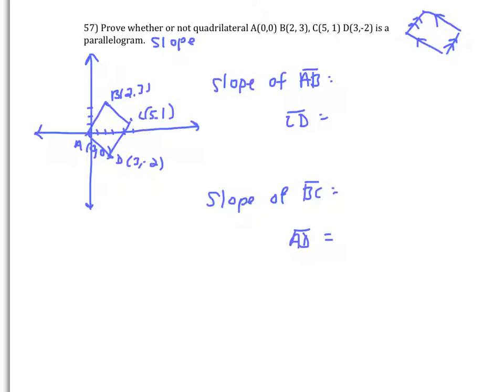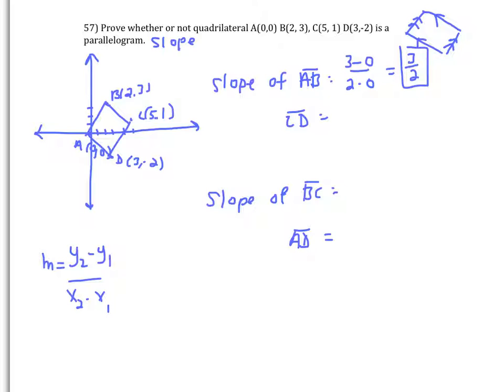So for line AB, the slope, just a reminder, slope is the change in y divided by the change in x. So we'll have 3 minus 0 divided by 2 minus 0, or 3 over 2.